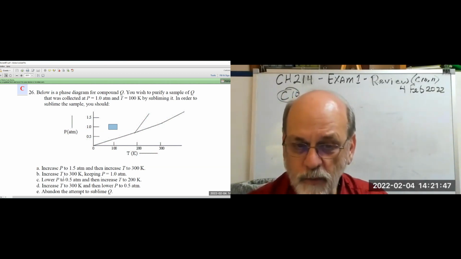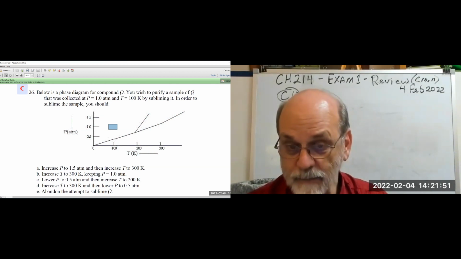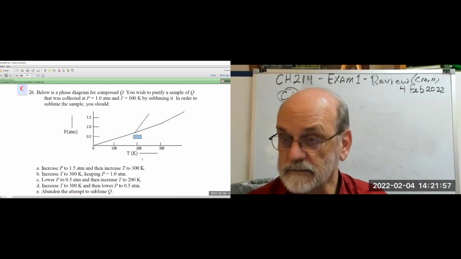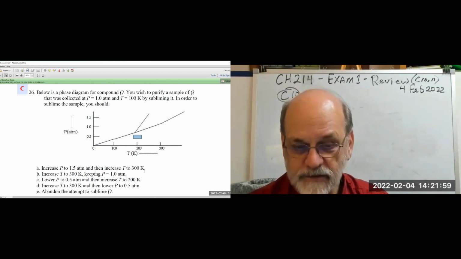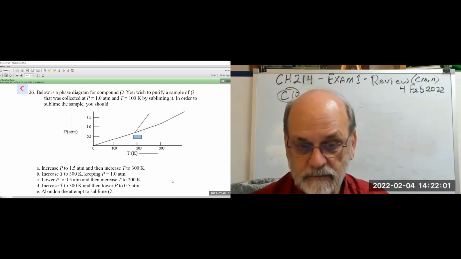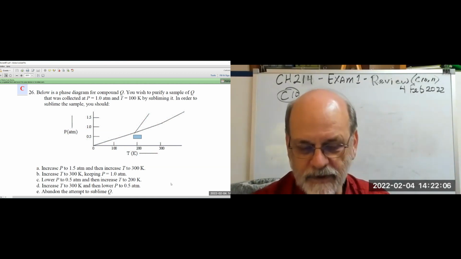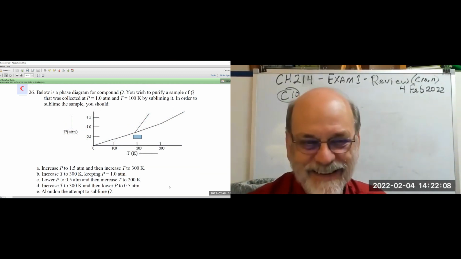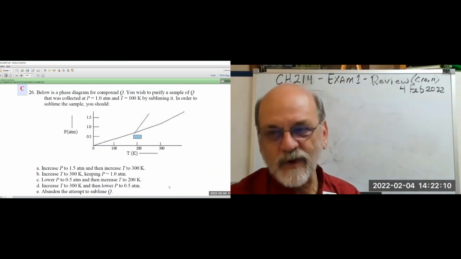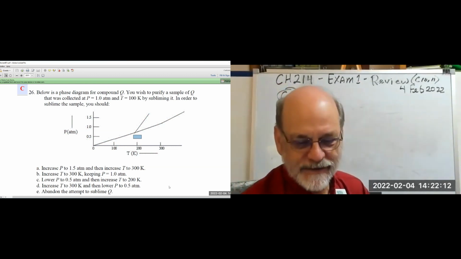So you got to lower the pressure. Is this one correct? Lower the pressure to a 1/2 atmosphere and then increase the temperature to 200. That would do it. That would put it right over here. So C would be the best answer. Abandon the attempt? No, I don't think so. 26 is C.